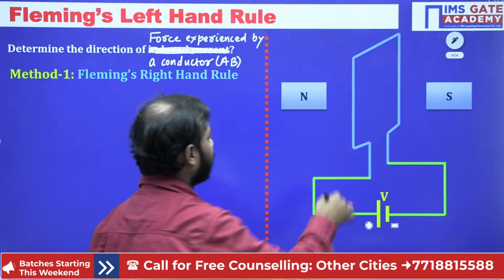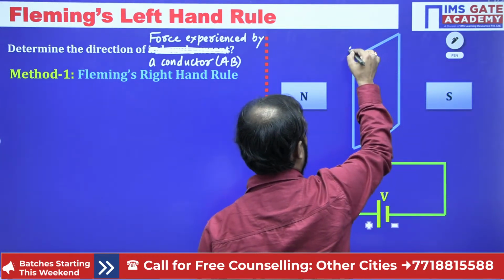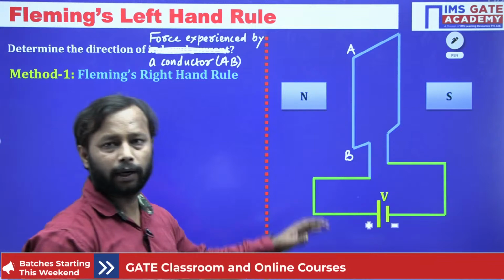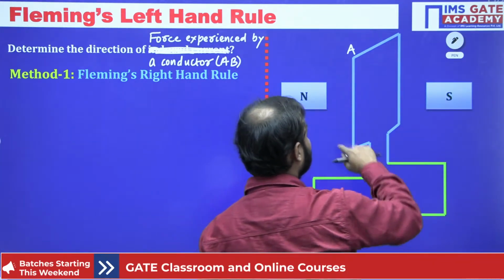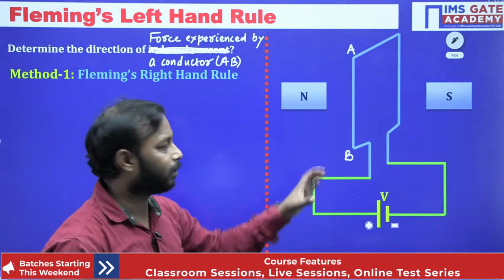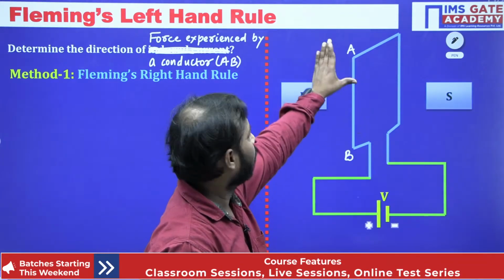Okay, so let us take this part as a conductor which has a portion AB. All right, this blue one is basically completely your conductor, and this is the one portion of the conductor which is AB.